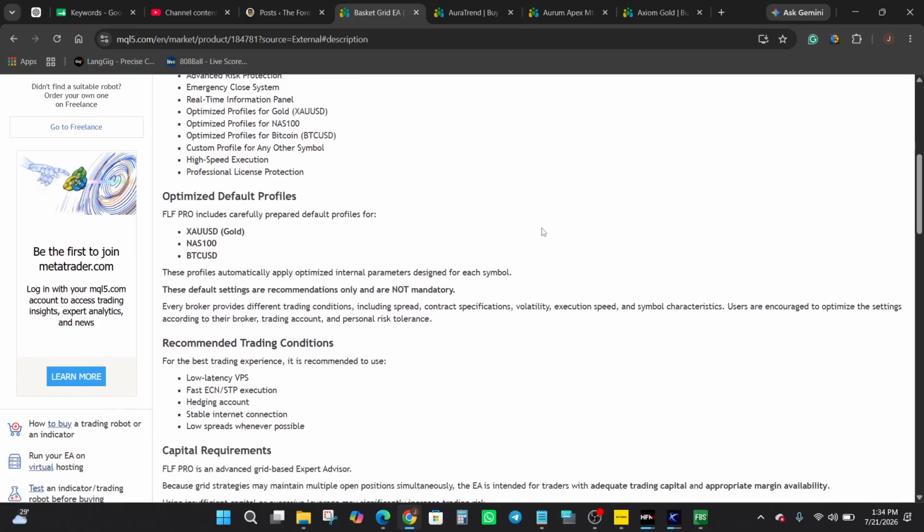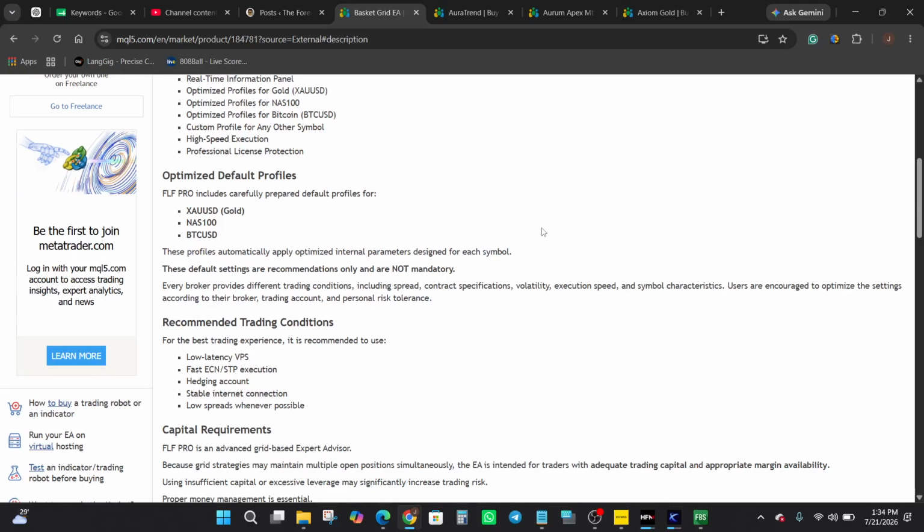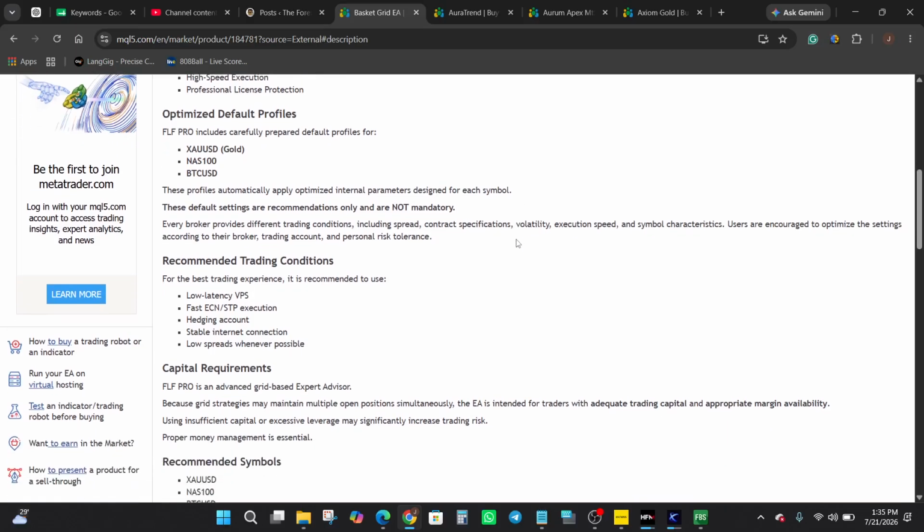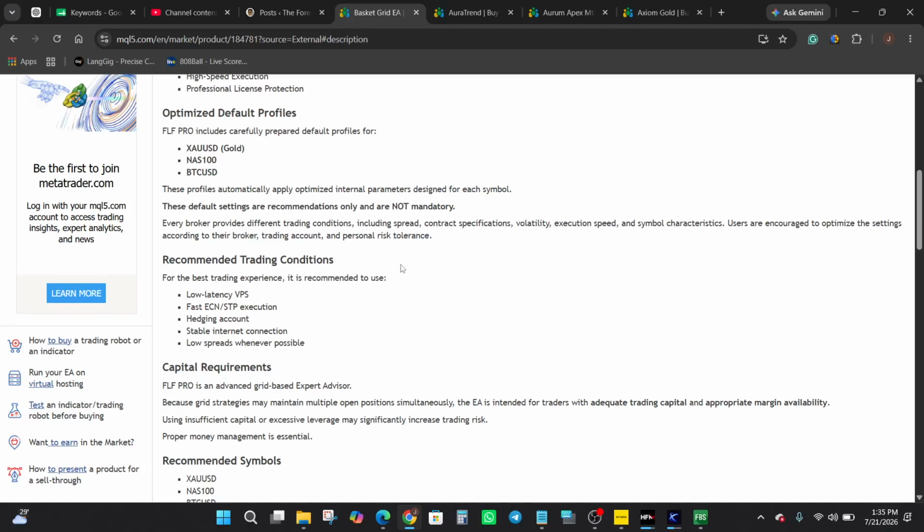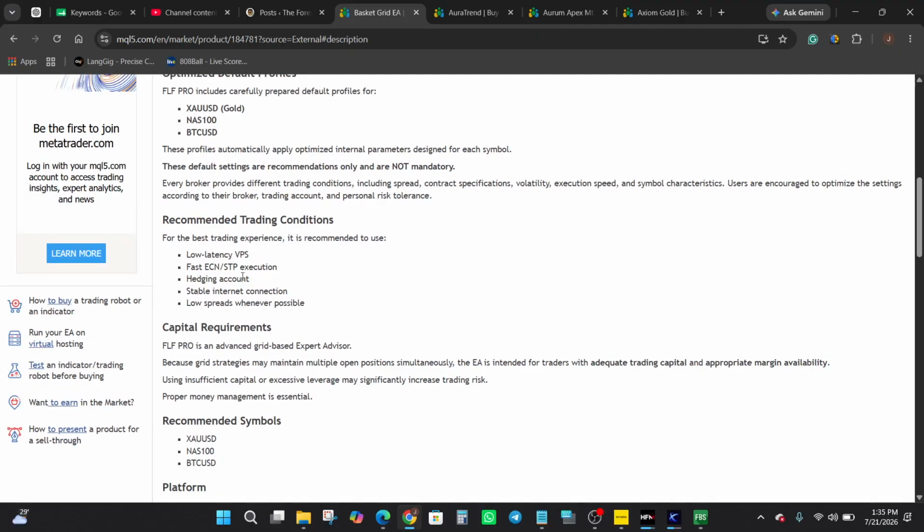Worth noting too, because this is a grid-based approach that can hold multiple simultaneous positions, the listing is upfront that it requires adequate trading capital and margin. And specifically warns against pairing it with insufficient capital or excessive leverage. It is built for hedging compatible broker accounts, and the listing recommends a low latency VPS and fast ECN or STP execution for the best experience.